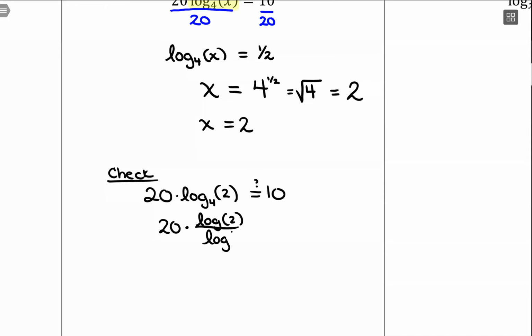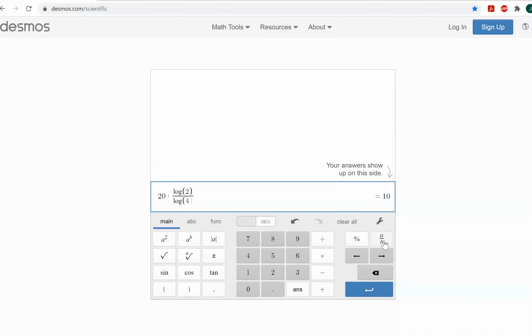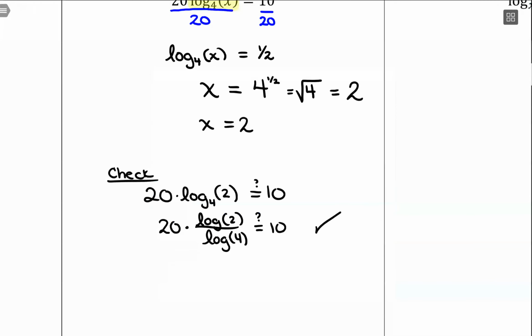We could evaluate that without a calculator, but just to get used to our calculator, I would do 20 times a fraction of logarithm of 2 over logarithm of 4. And we see we get our value of 10. So that works perfectly. So x equals 2 is our solution.